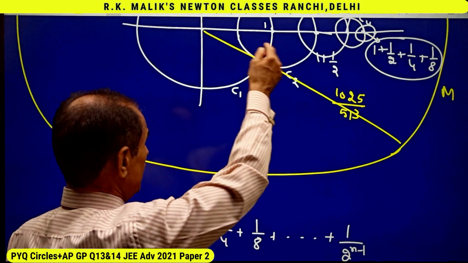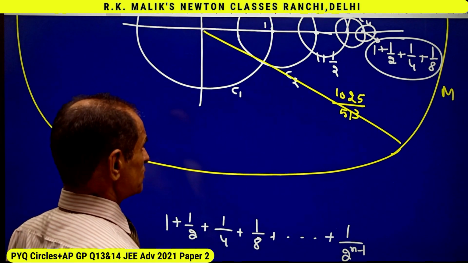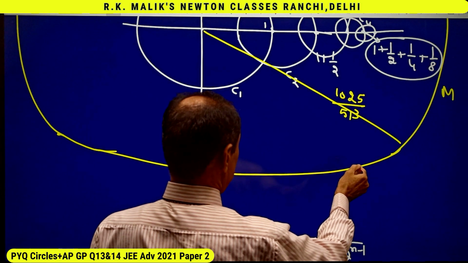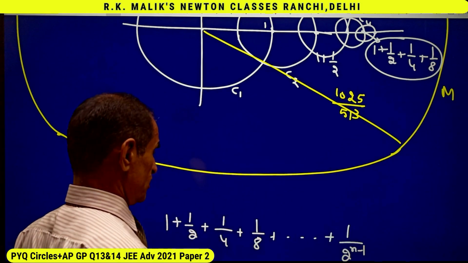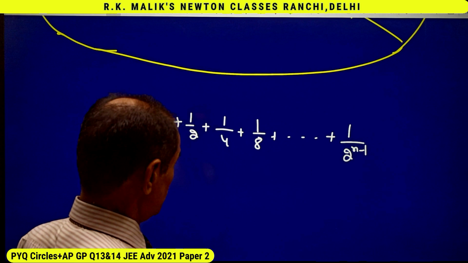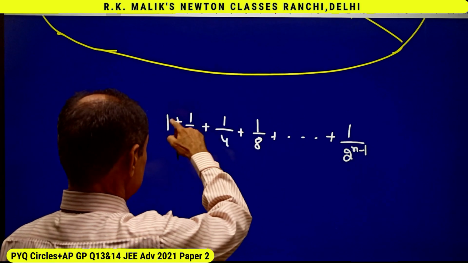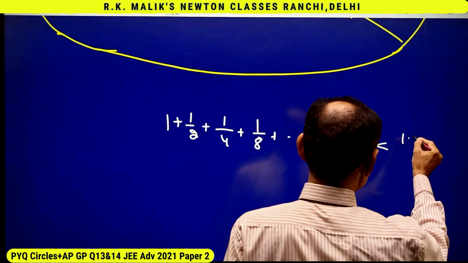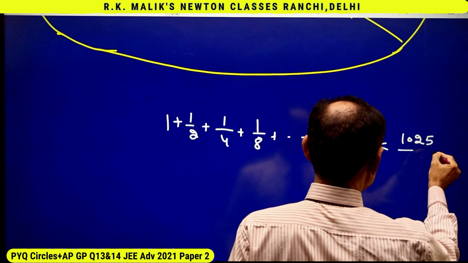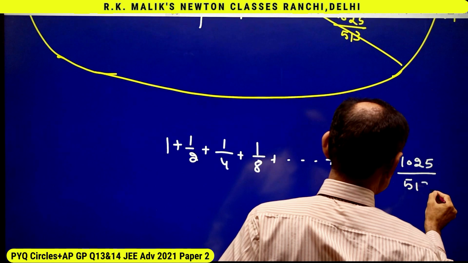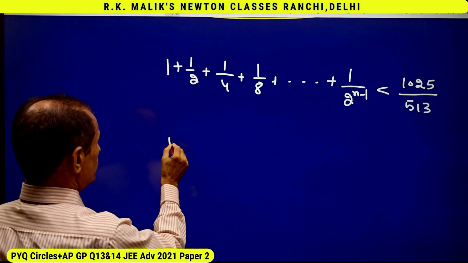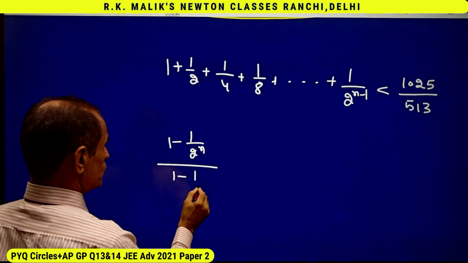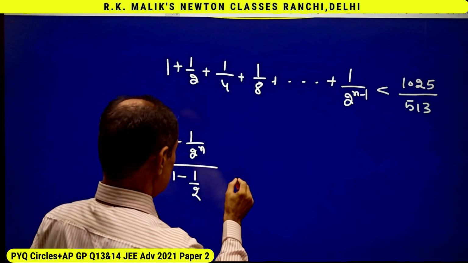And let n be the number of circles which lie inside the circle or at the most touch this circle. For this to happen, the value of this should be less than 1025 by 513.